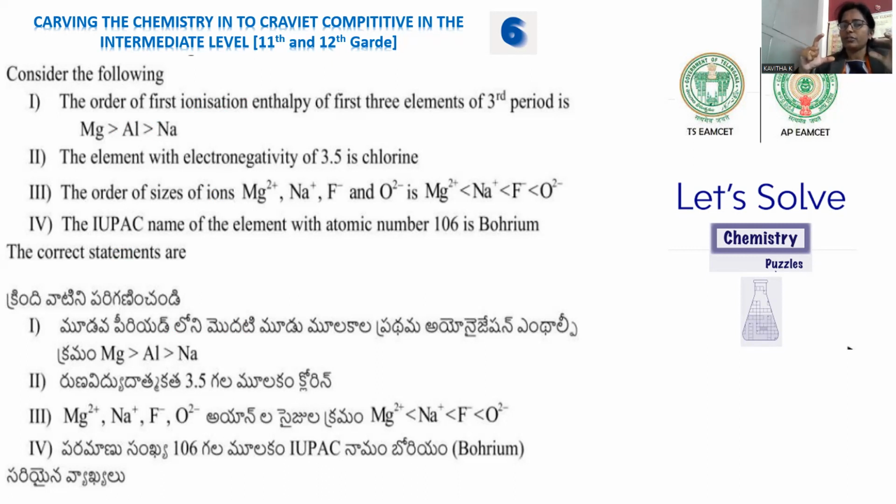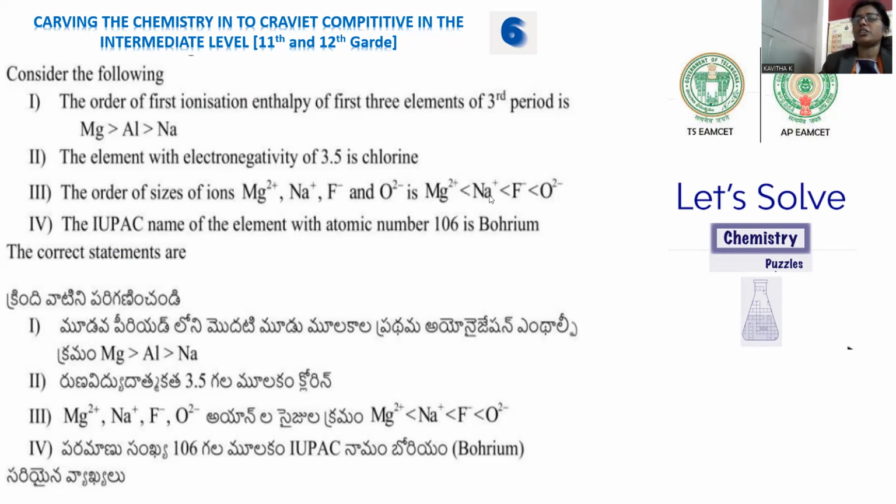If you see Mg+2, it is a highly charged cation, so it is the smallest. Next, the monocation will be there, so we can assign magnesium followed by sodium.